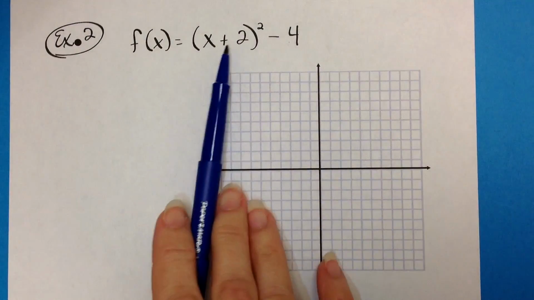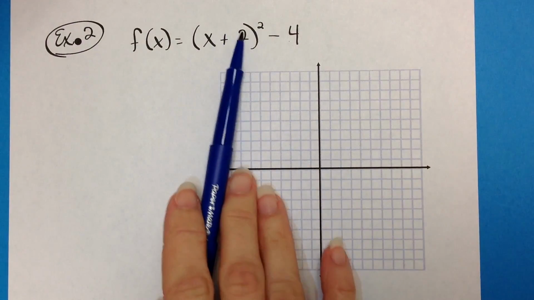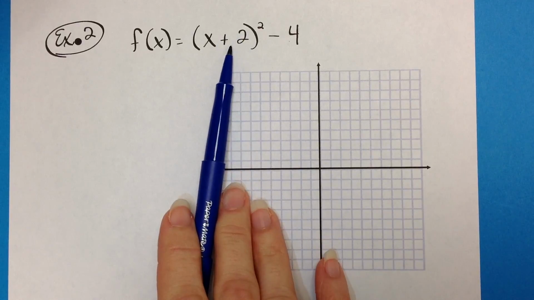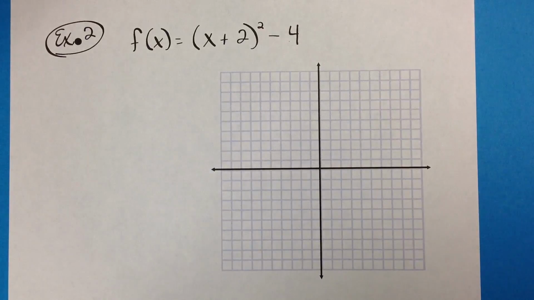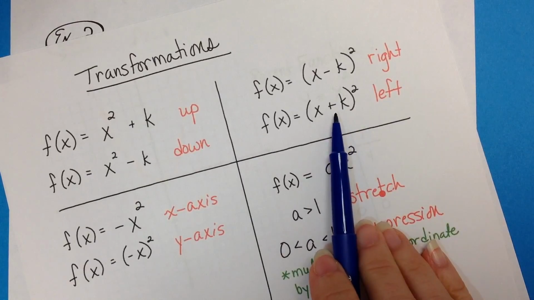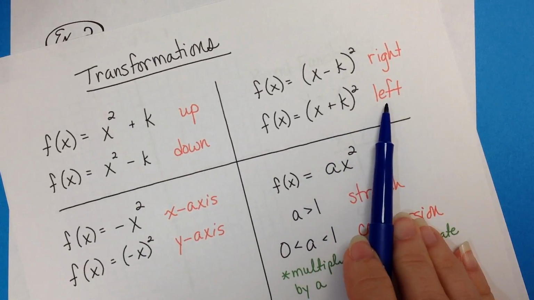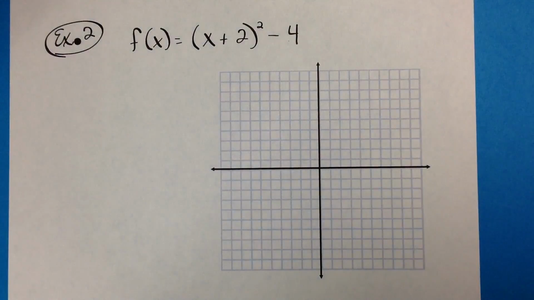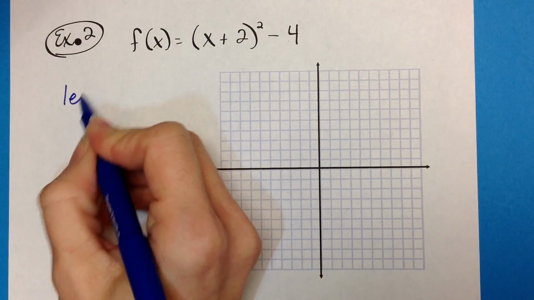The left and the right, remember, always come from anything that's added or subtracted inside the parentheses. So plus 2, when you look at your list, plus k, means that it goes to the left. So left 2.